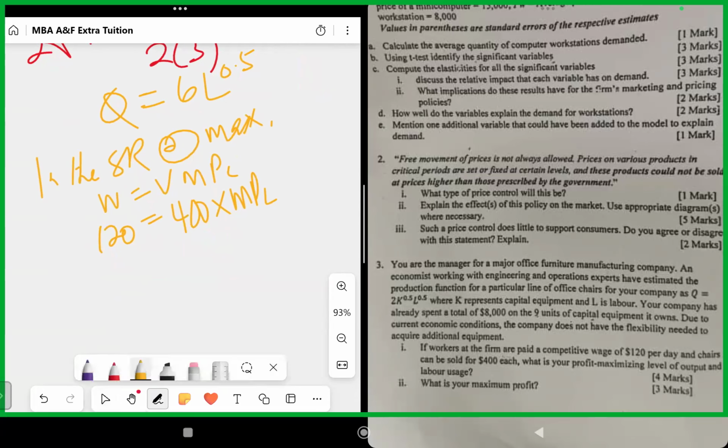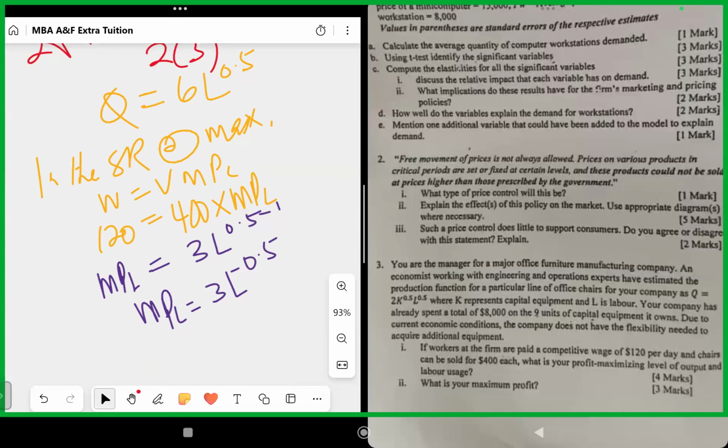The MPL will be equal to, we multiply the 0.5 by the 6, which gives us 3, then L to the power 0.5 minus 1, which is MPL equals 3L negative 0.5.